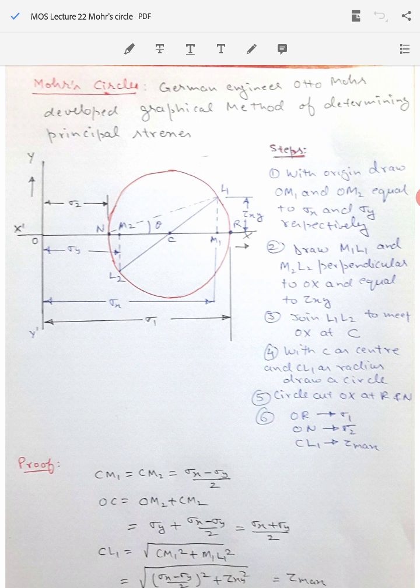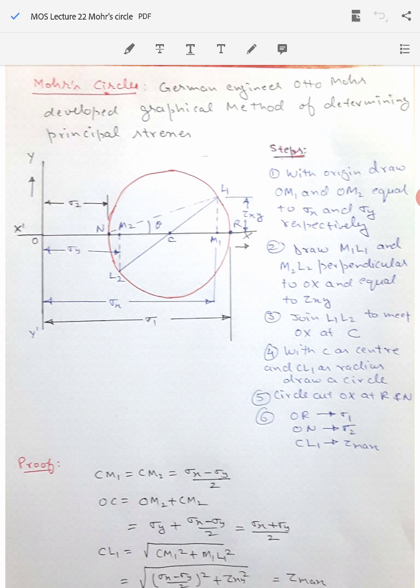So we know the values of sigma x, sigma y and tau xy, and we want to determine the values of sigma 1 and sigma 2, which are our principal stresses, and the maximum shear stress tau max, and perhaps the angle of the principal plane.